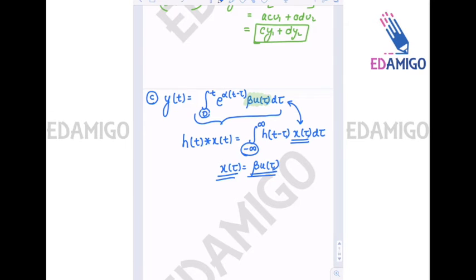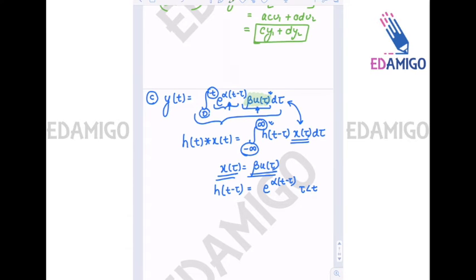Now the upper limit here is t, but in the convolution formula the upper limit is infinity. Since u(tau) is equal to 1 from tau equal to 0 to infinity, this cannot limit the integration, so the integration will be limited by the other term. So we can say that h(t minus tau) is equal to e to the power alpha (t minus tau) for tau less than t. Are you getting the point?